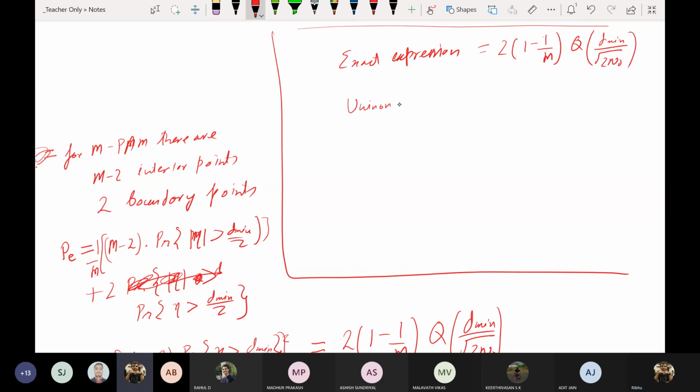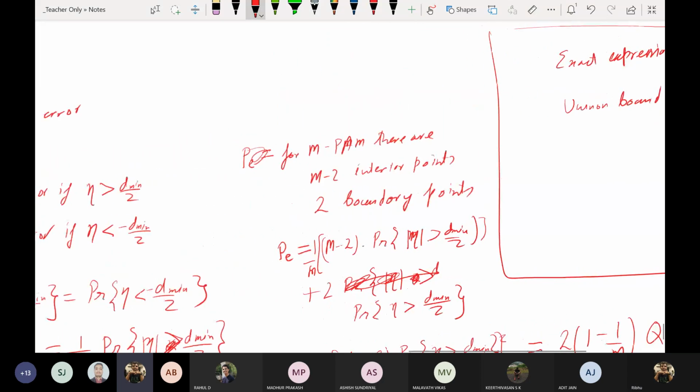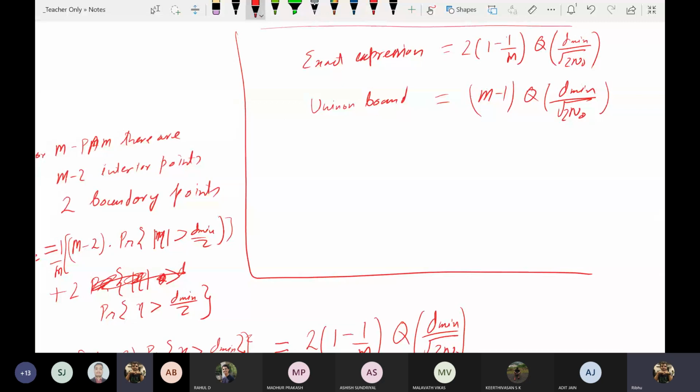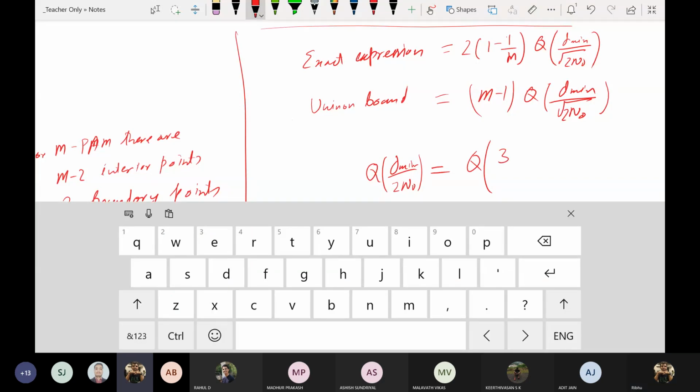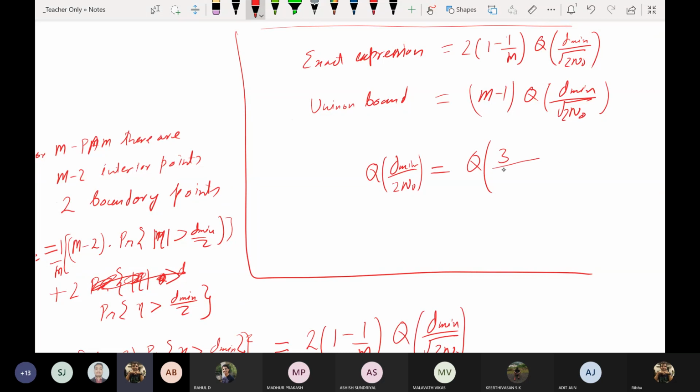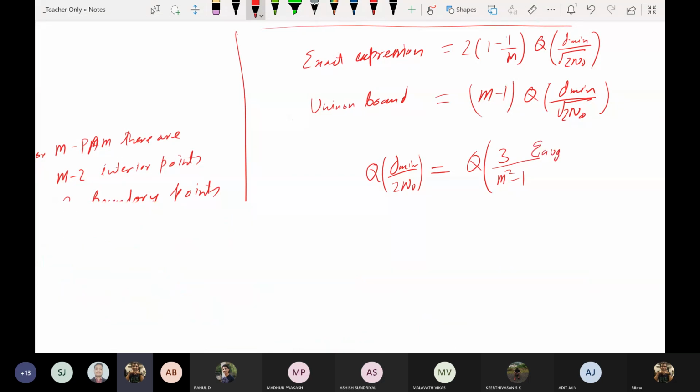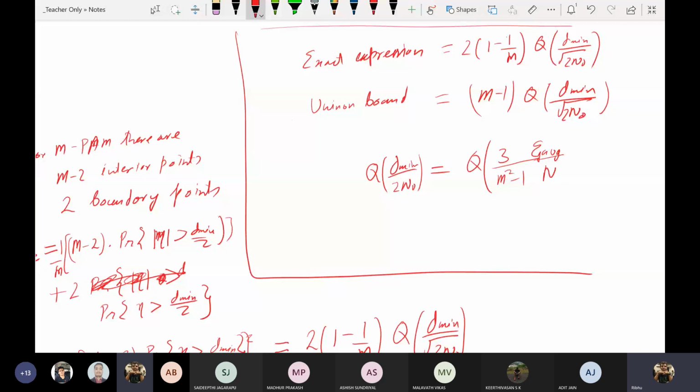Union bound is 1 Q of d min by, right, and d min, if I substitute, I can get Q of d min by equals Q of 3 times this beast.